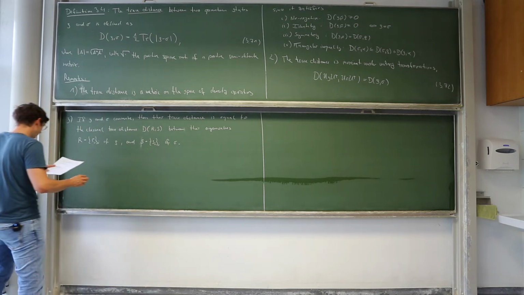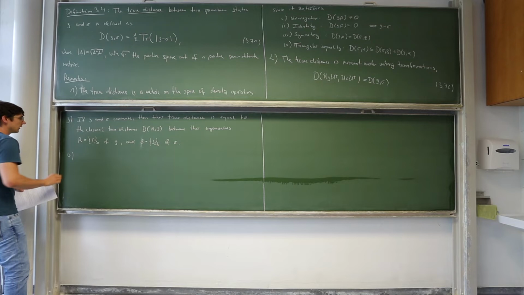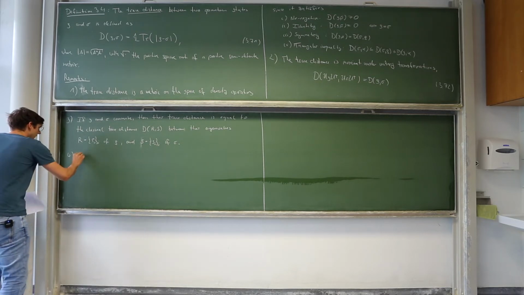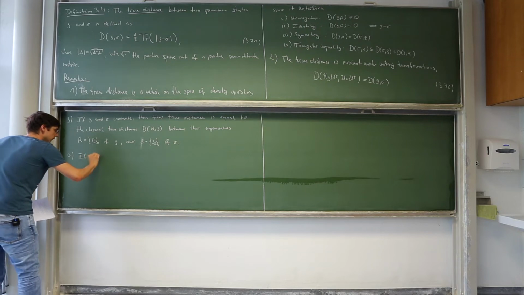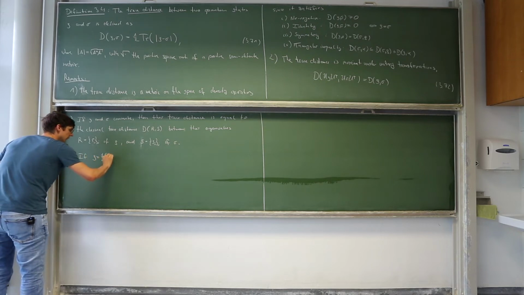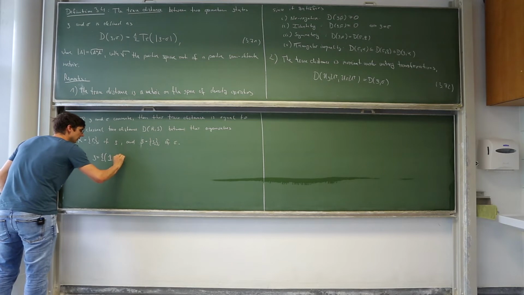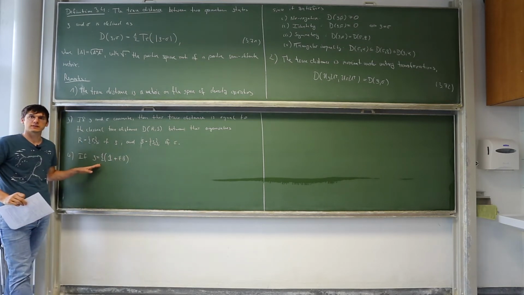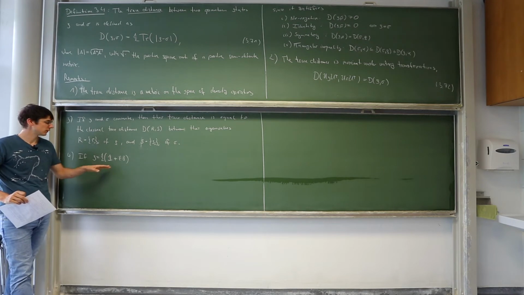Then the last remark is what happens if we have qubits. So if rho is equal to 1/2 identity plus, let's call this, r times sigma. So this was the way how we write down the density operator of qubits in terms of this Bloch vector r, right?